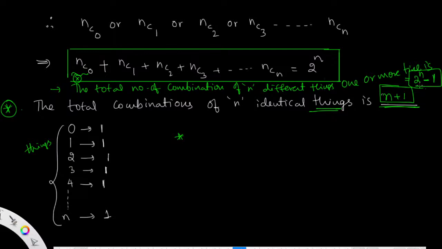This is the formula. The total possible cases are 2 power n minus 1.